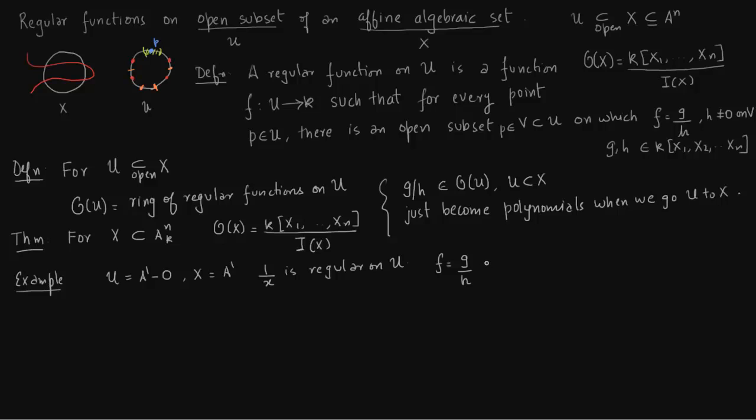You can multiply numerator and denominator by m, where m could vanish on certain points of U, but it does not vanish on the neighborhood of the point p where we evaluate the function, which we are denoting by V. You could also write it like this, where L vanishes on this algebraic set X. So L is 0 on the entire set X, and therefore it is also 0 on U, because U is an open subset of X. Now a couple of remarks we want to make with regards to the theorem.